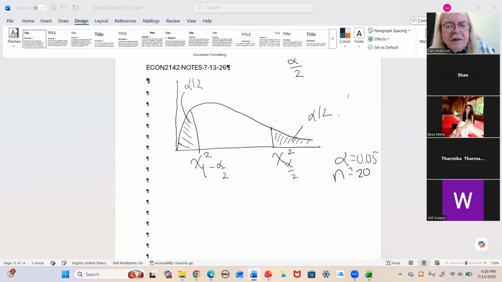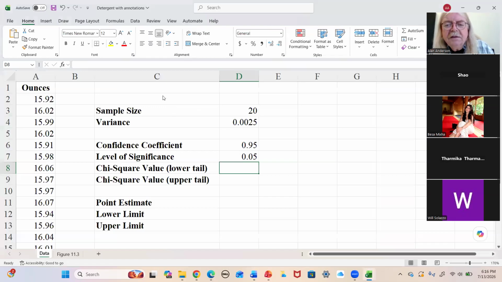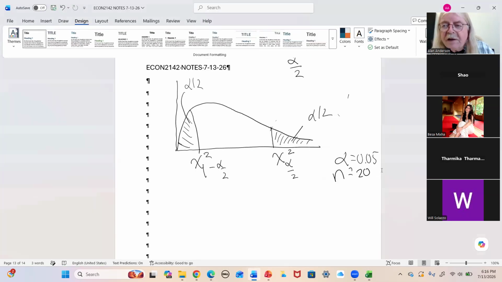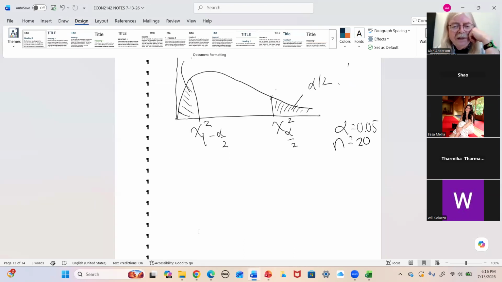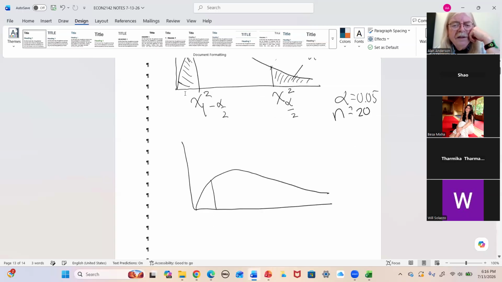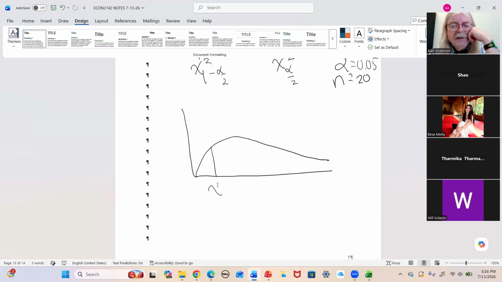That's important because that tells us how many degrees of freedom there are, which we need to look up values in this chi-square table. So what we really need is these two numbers. The one on the left, we can look up on the column heading 0.975, and then we have 19 degrees of freedom, which I'll write right here.